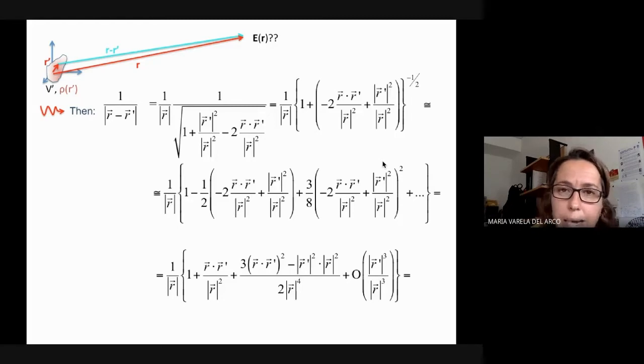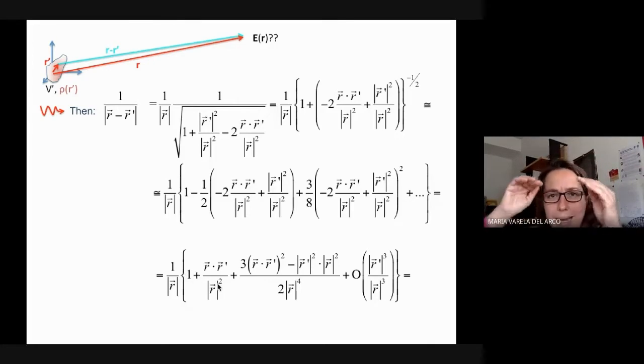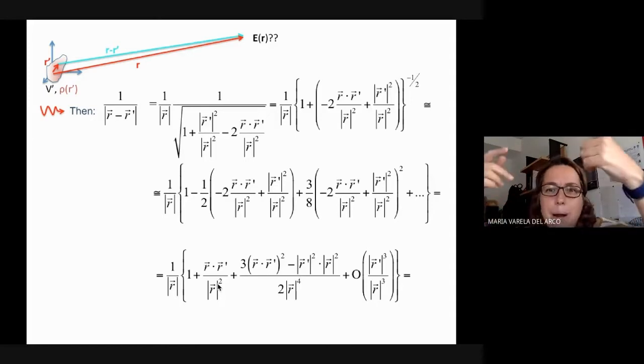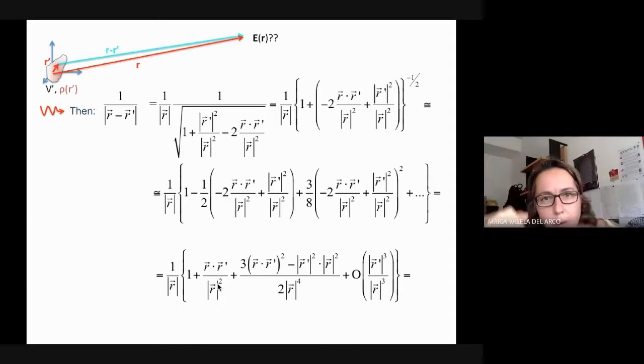What you will see is we're going to get a number of terms where I have, other than this one in front of it, terms that go like r prime over r. The next one is going to go like r prime squared over r squared, and then r prime to the cube over r cube, and then things like go like r prime to the 4th power over r 4th.